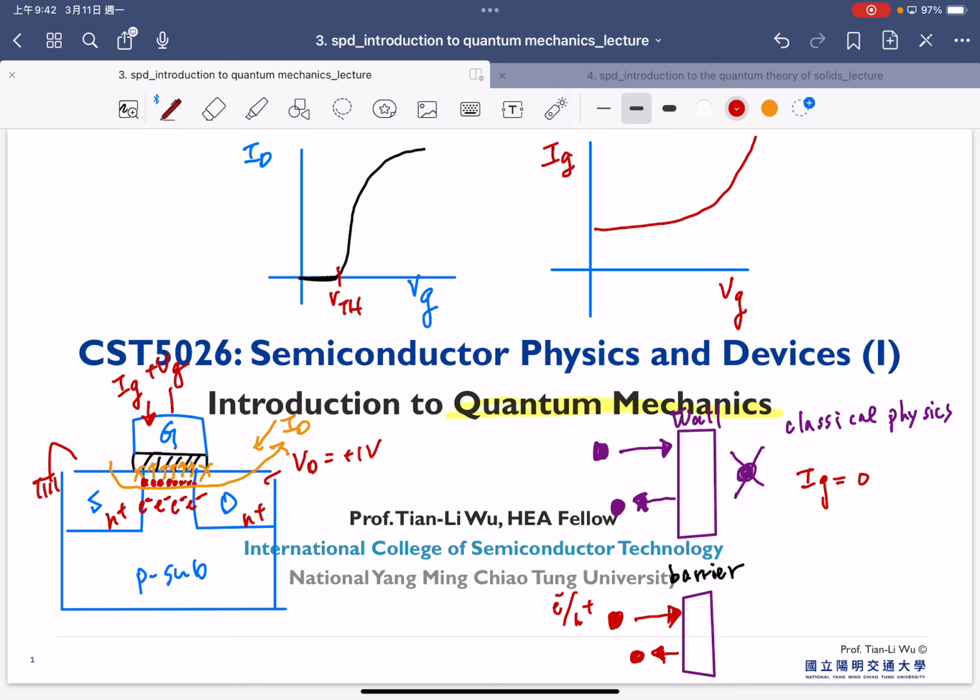But on the other hand, we also find that there is a chance you will find the carrier on the other side. And this carrier becomes the gate leakage current if we increase the gate voltage. So this is quantum mechanics.